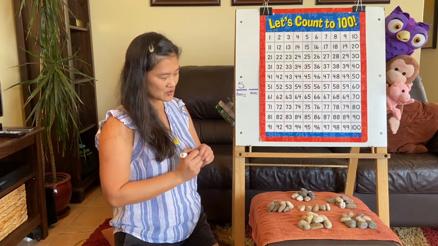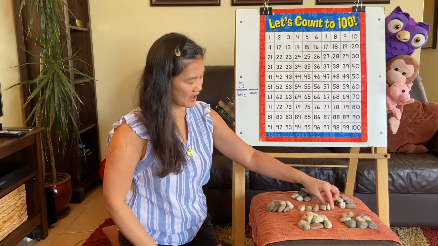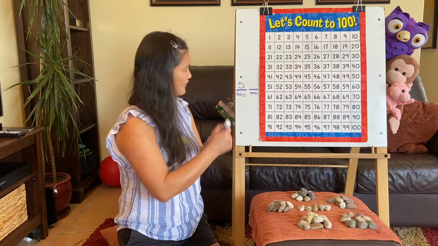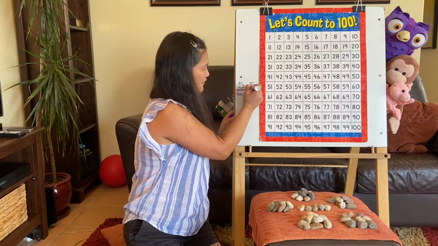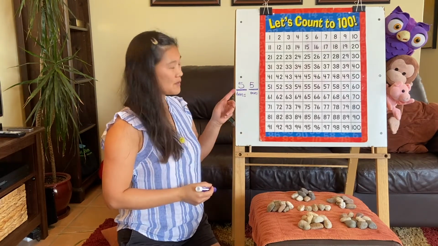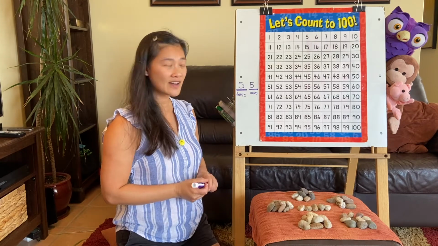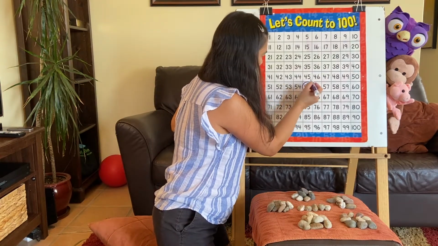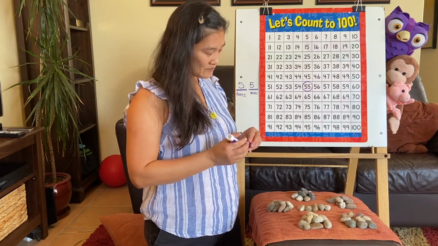How many extras? How many ones do we have? 1, 2, 3, 4, 5. So I write 55 with a 5 and a 5, like this. Oh, look it, I see 55 right there.